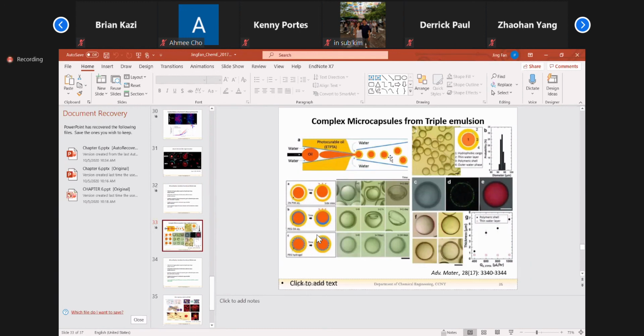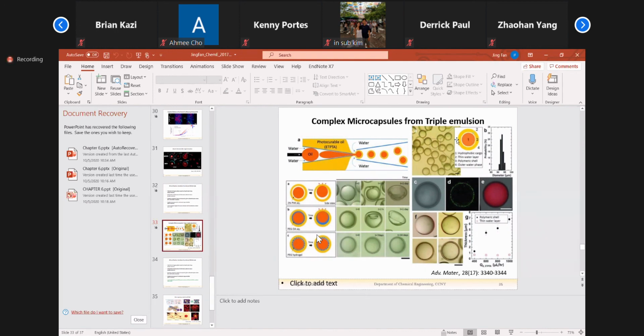However, if we really want to encapsulate some very small molecules like perfume, or some very small organic solvents, then using 1 layer of shell is not enough to encapsulate them inside. So we'll have to use a 2-layered shell for better cargo retention.